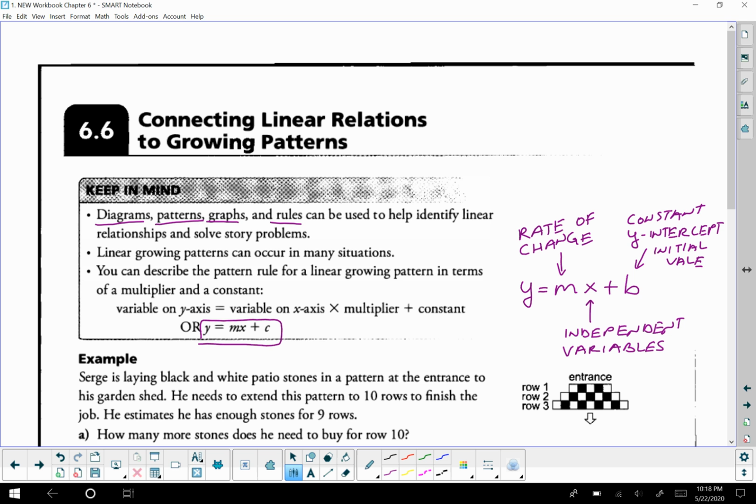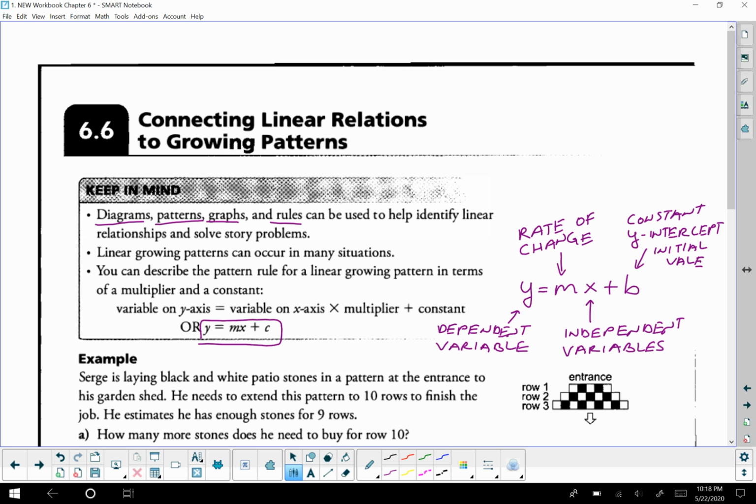Time is usually an independent variable. Things that don't depend on other things. We mentioned that in previous sections. And the y is the dependent variable. y depends on the x variable, so dependent variable.